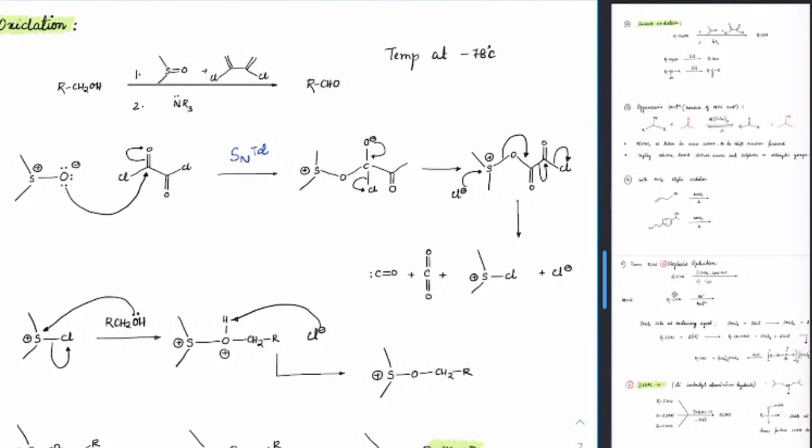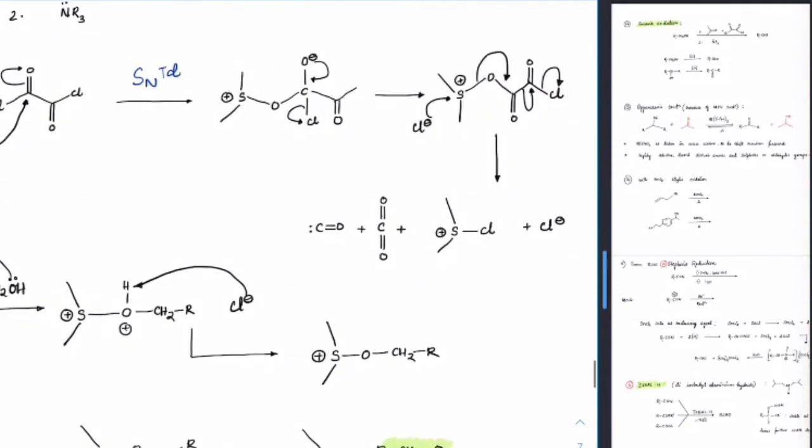Again a double bond is formed here. Once this oxygen is present, it will try to make a double bond here, and this bond will break, and this chlorine will leave. So we will get CO2 and CO. This can be asked, like what are the other products which are forming. We will see carbon monoxide as well as carbon dioxide forming in this, right.